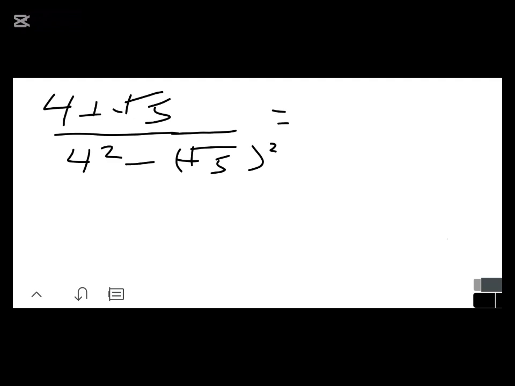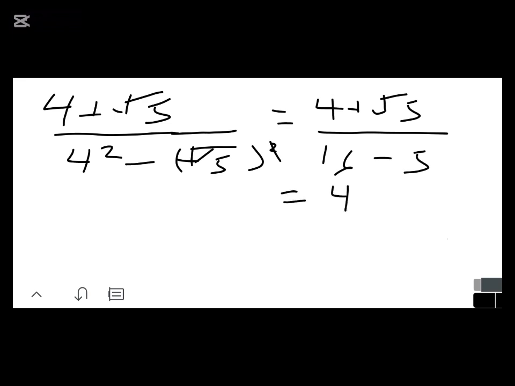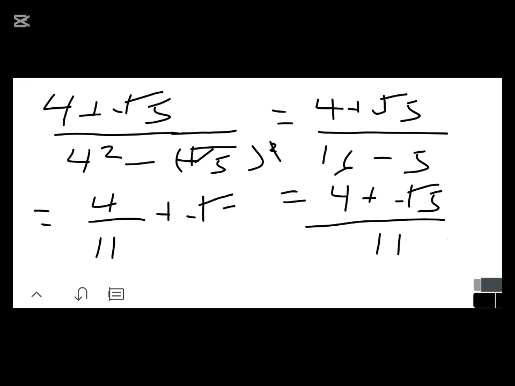We get 4 plus square root of 5 all over 4 square is 16 minus this square will cancel the square root sign, giving us 5. Then we are getting 4 plus square root of 5 all over 11. So we can rewrite this in a more simplified form, our final answer being 4 over 11 plus square root of 5 over 11. That's our final answer.